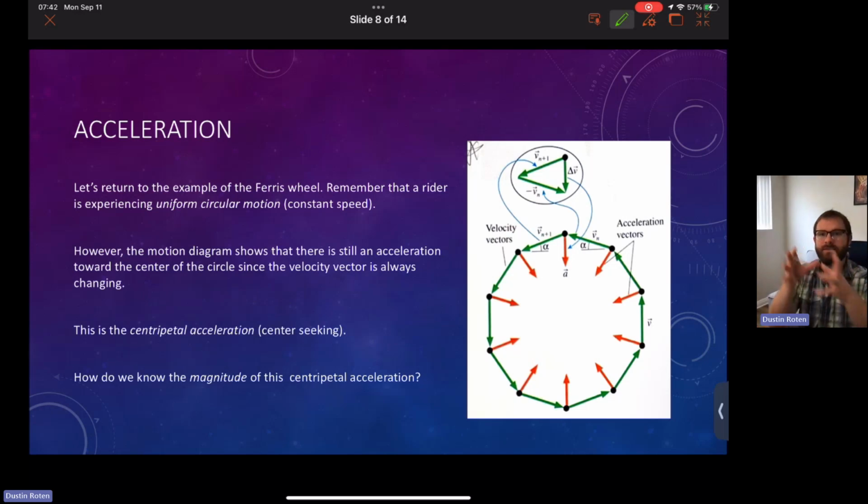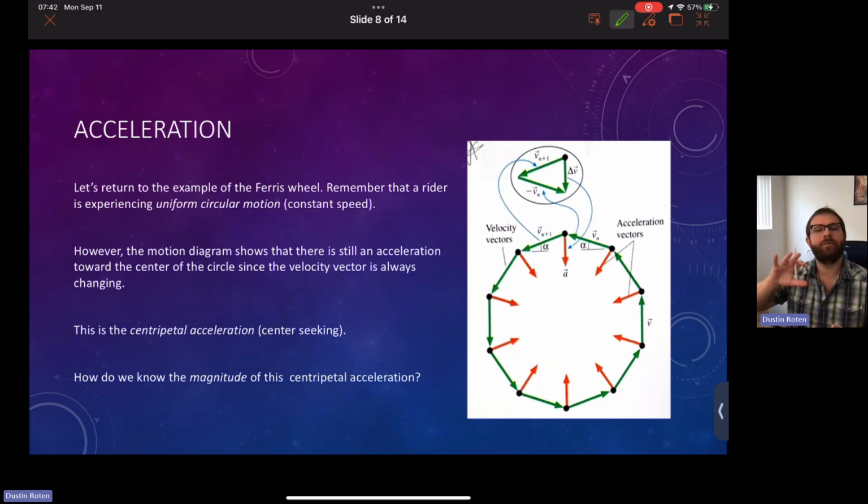Okay, well, we've talked about displacement, velocity. Now let's talk about angular acceleration. Let's think about that example of the Ferris wheel again from a while back. Usually when a Ferris wheel is running at its regular function, a rider is usually experiencing uniform motion. There's no acceleration.